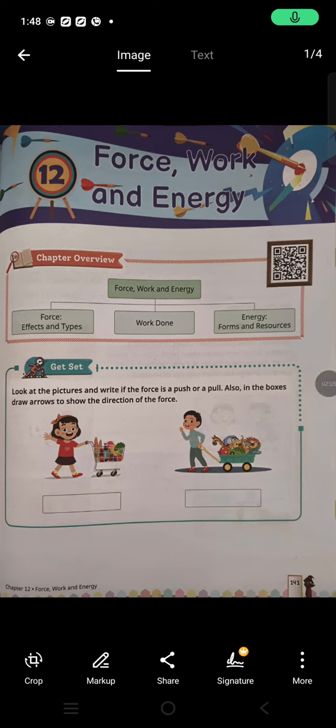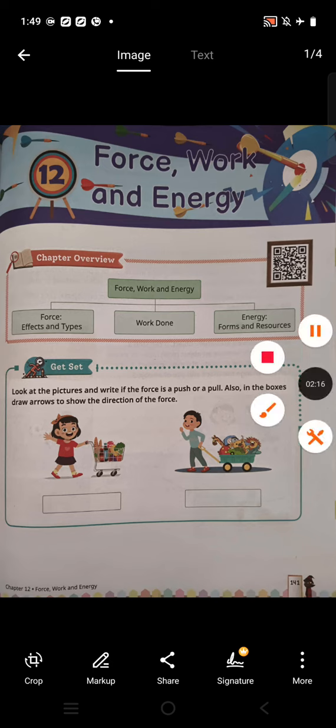discuss it. So firstly students, here a short activity or worksheet is given, that is Get Set. Look at the picture and write if the force is a push or a pull. Also in the boxes draw arrows to show the direction of the force. So students, in this worksheet, firstly you have to look at the picture.